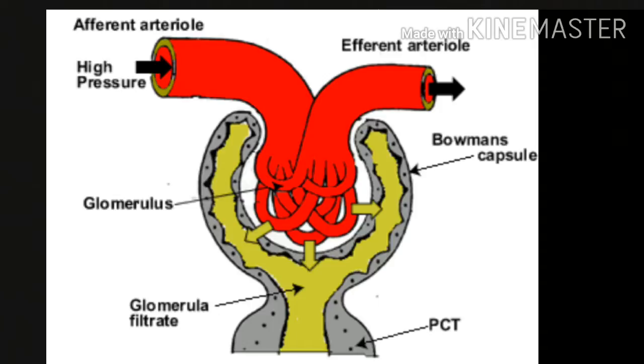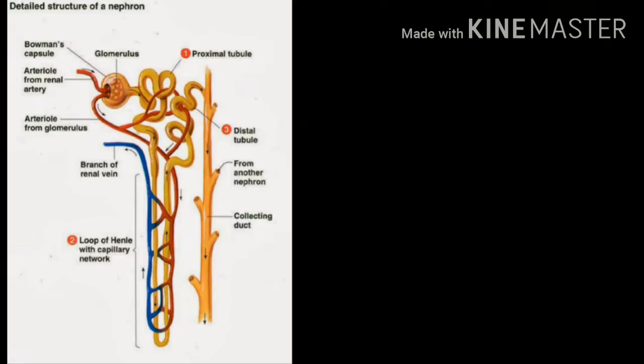The renal corpuscle consists of a cup-shaped structure called Bowman's capsule. It contains a bunch of capillaries called glomerulus. Blood enters the glomerular capillaries through afferent arterioles and leaves through efferent arterioles. Next, the Bowman's capsule leads to the renal tubule.